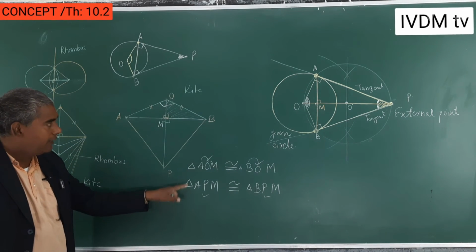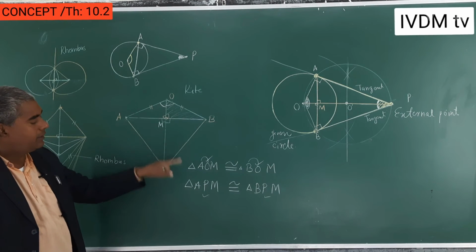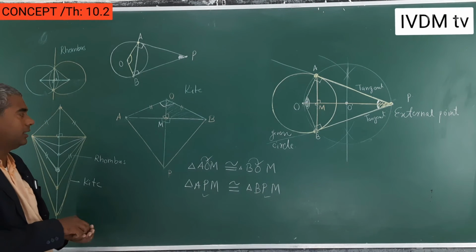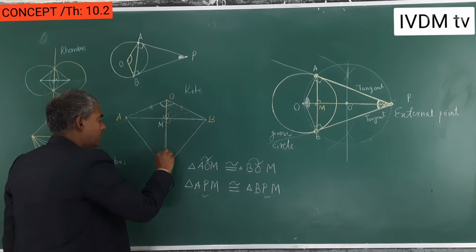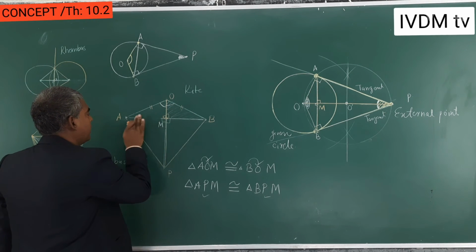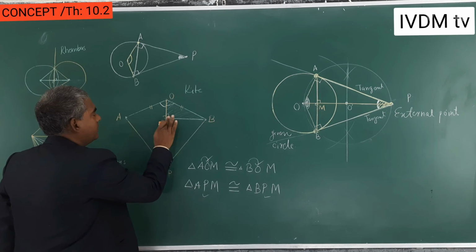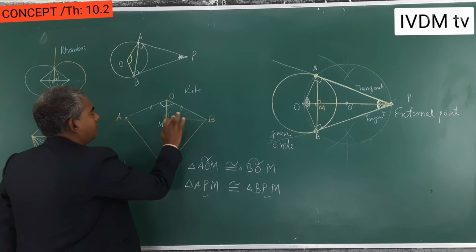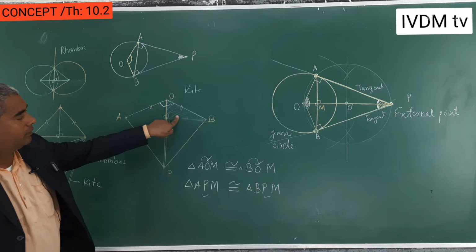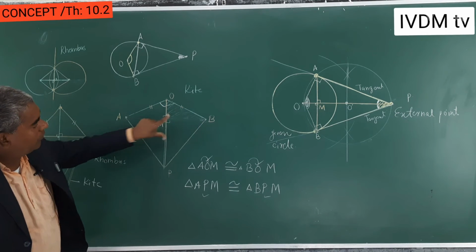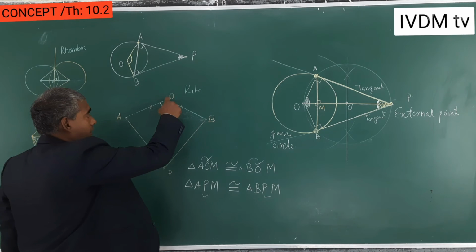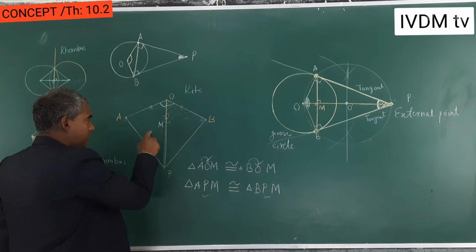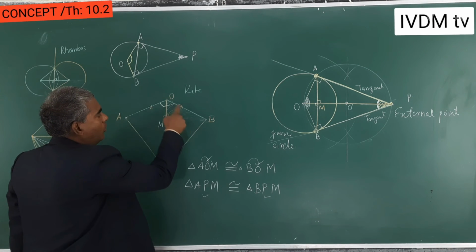If you add this one and this, you will get two triangles. Suppose this is not so, then the whole triangle is equal to the whole triangle, because this one is equal to this one, and this is equal to this. So AOBP.